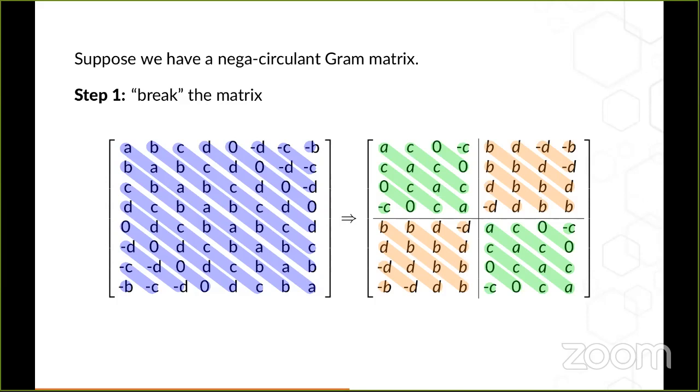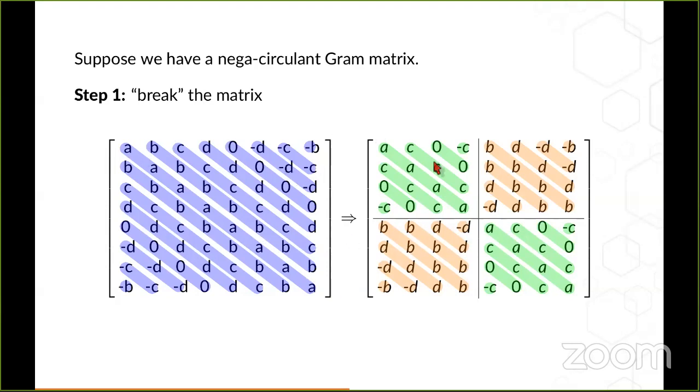Okay. In this slide, I will try to explain the intuition of the fast Fourier orthogonalization. We will start with an anticirculant matrix G. Note that it is already a Gram matrix, so it's self-adjoint in addition to being anticirculant.